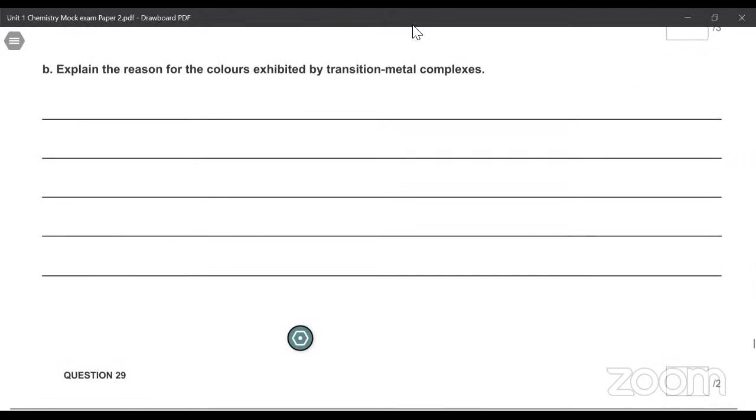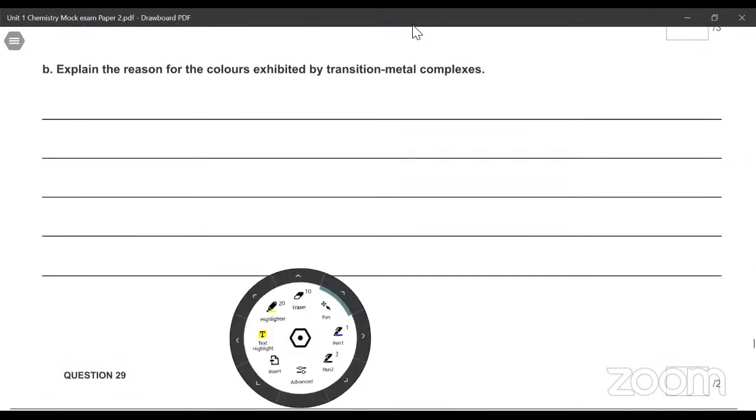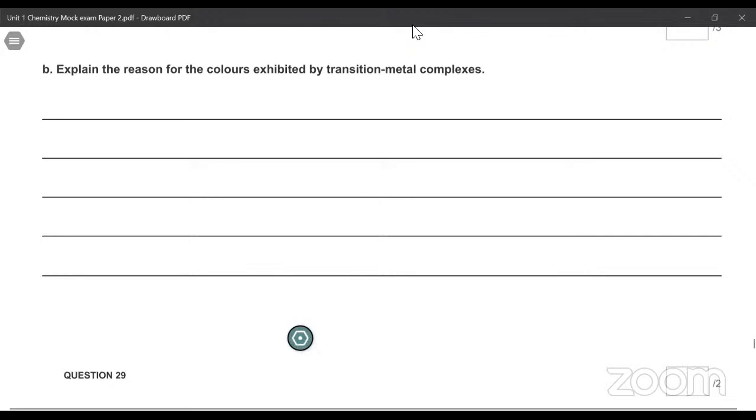Now, explain the reason for the colors exhibited by transition metal complexes. Now, off the bat, think about d to d transition, right? You don't need to know in depth about this, but d to d transition is basically when an electron gets excited and it just raises itself to another d orbital of a higher energy.